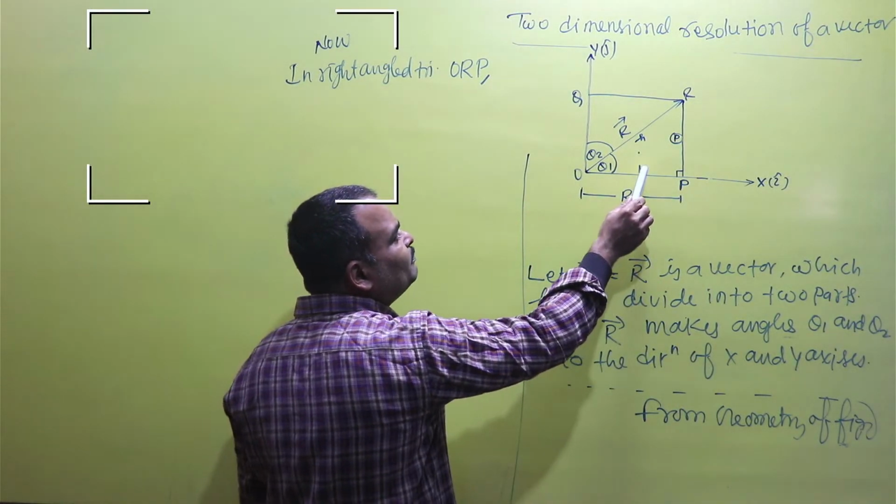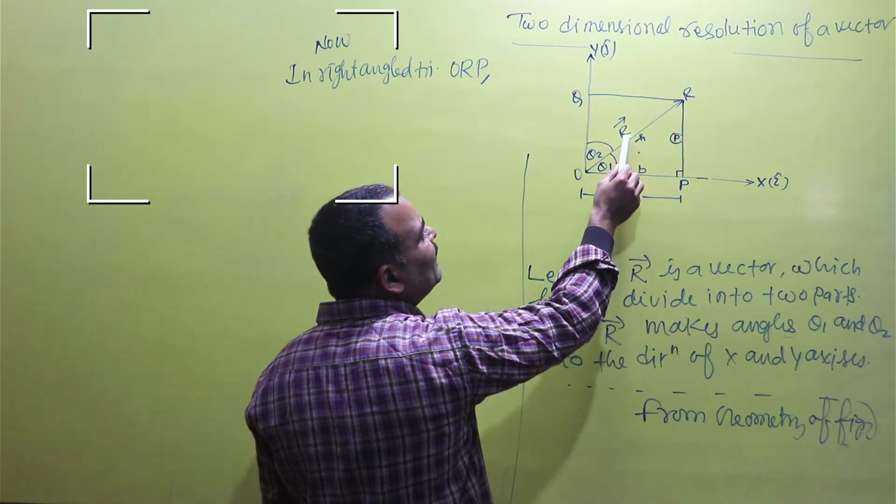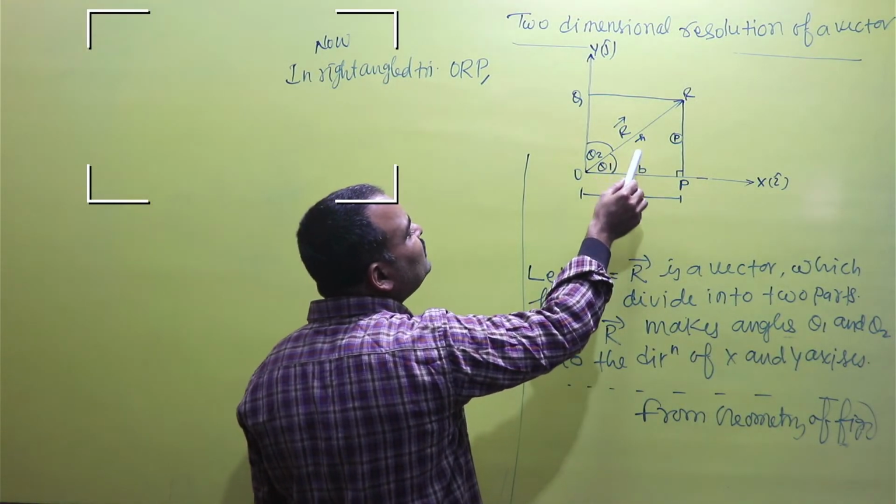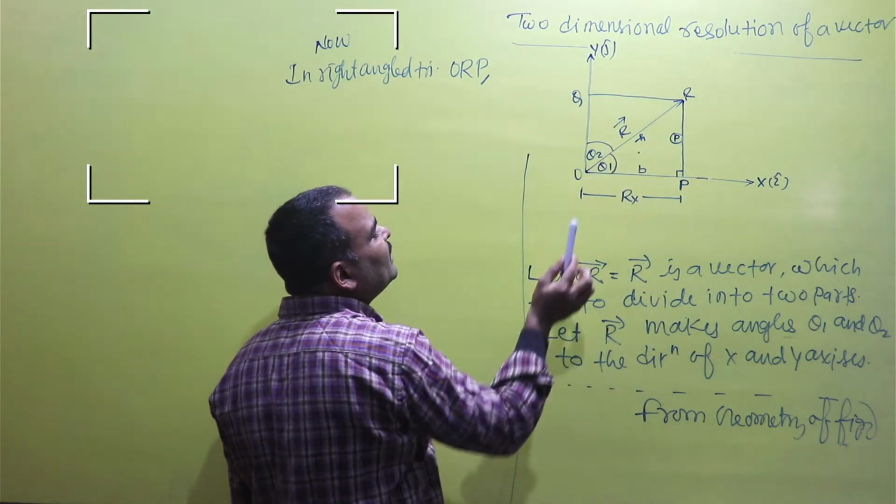So Rx is the B, and we already know the value of r, so we can combine b and h for the formation of cos theta.